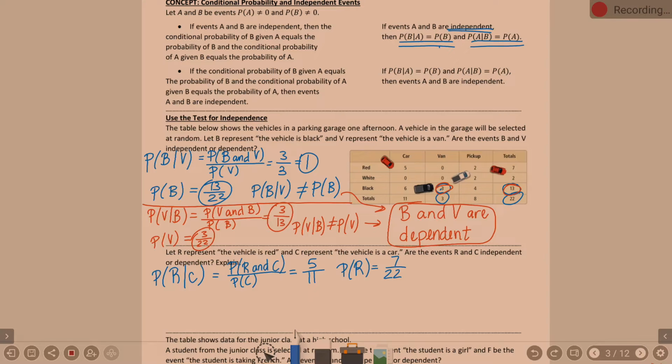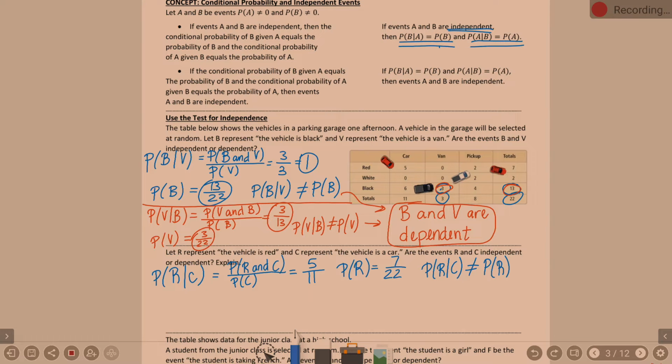Okay. What can we conclude at this point? Dependent? Because what we do know right now is that the probability of R given C does not equal the probability of R. Now, should we take the easy route and just stop there?